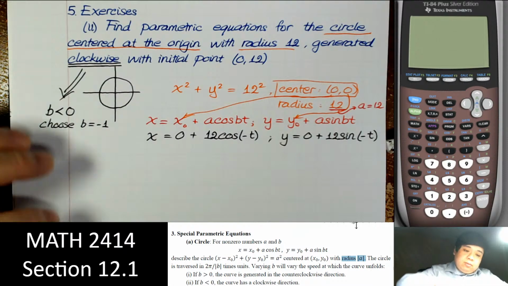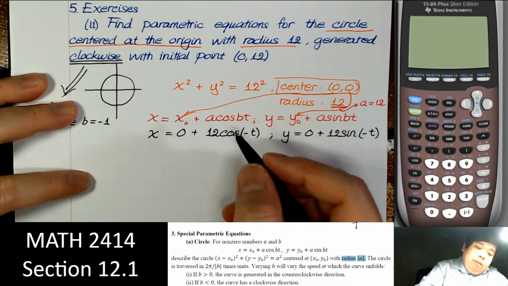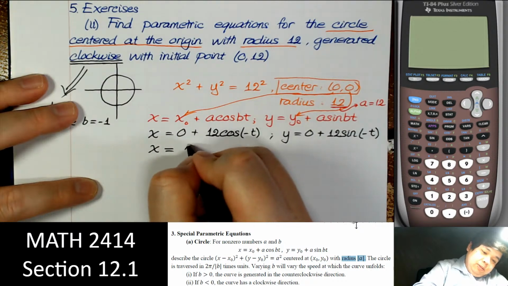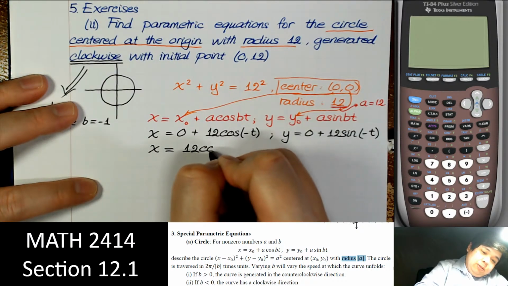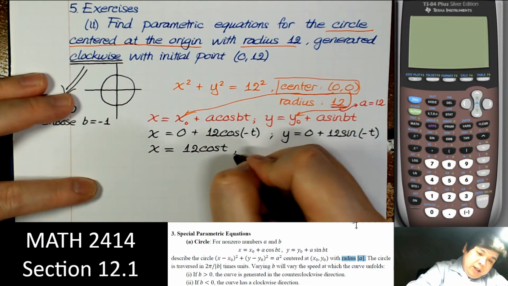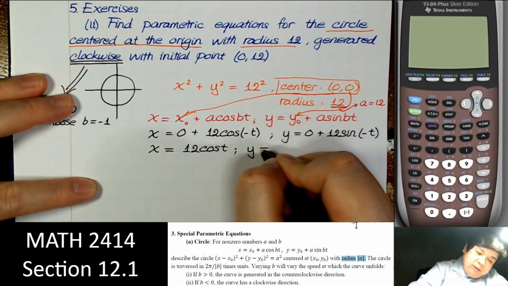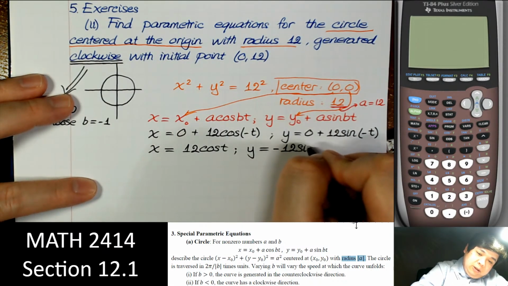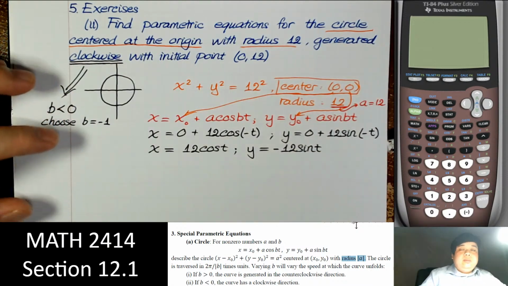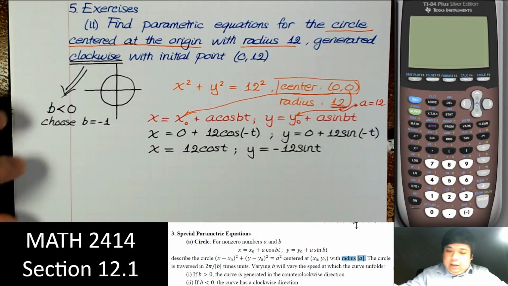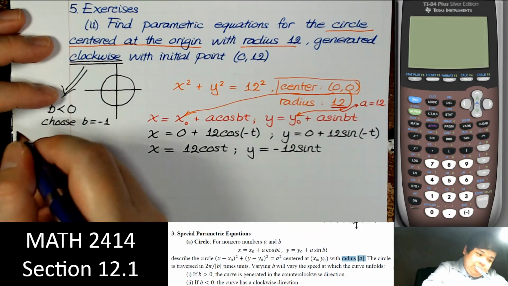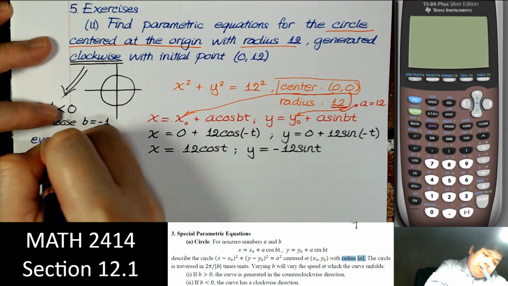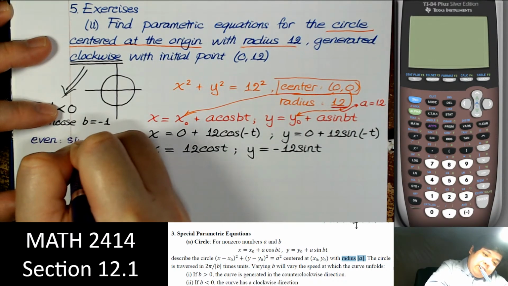By the way, cosine is an even function and sine is an odd function. So let's write that.